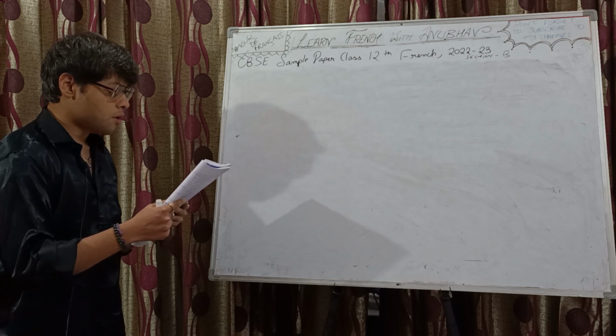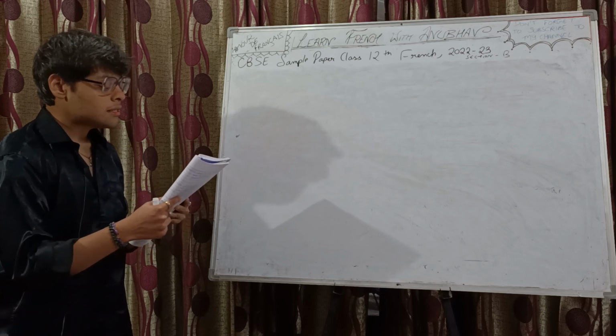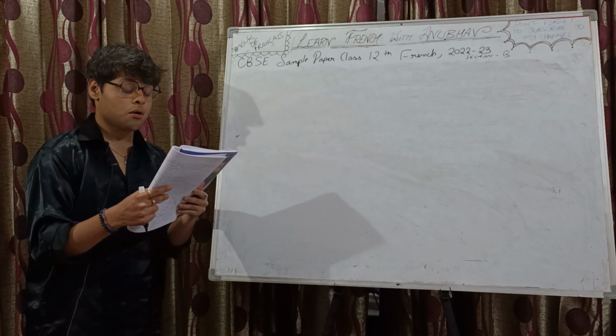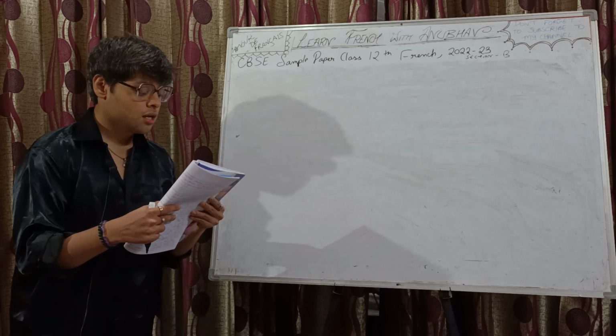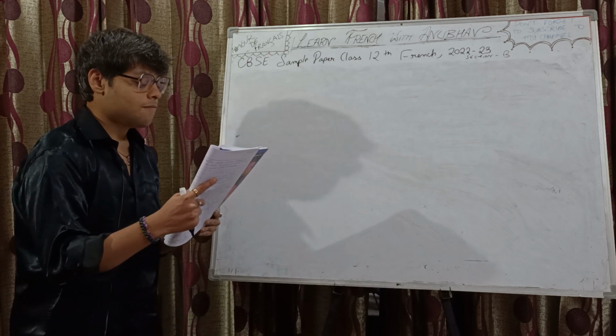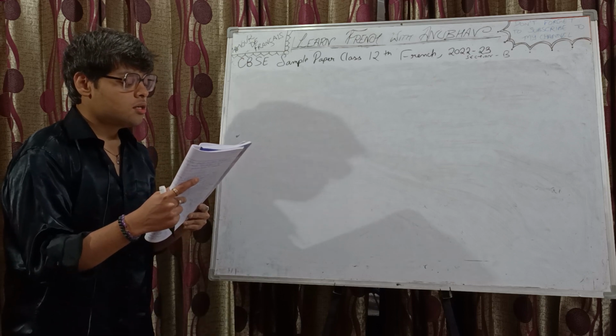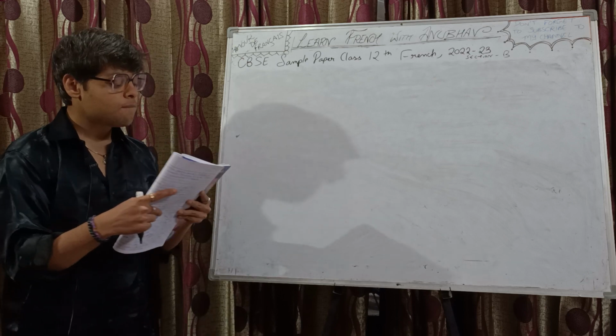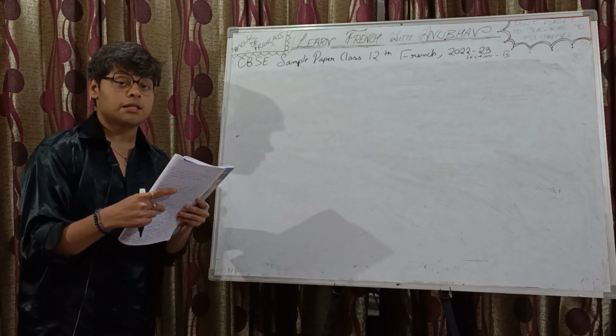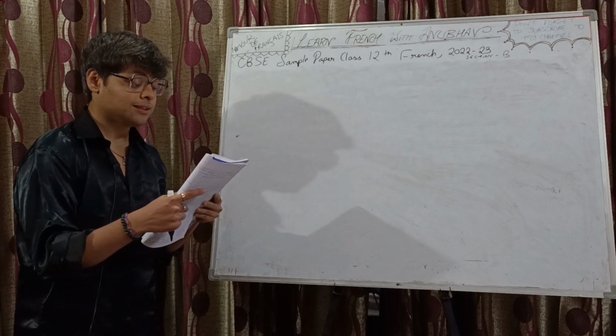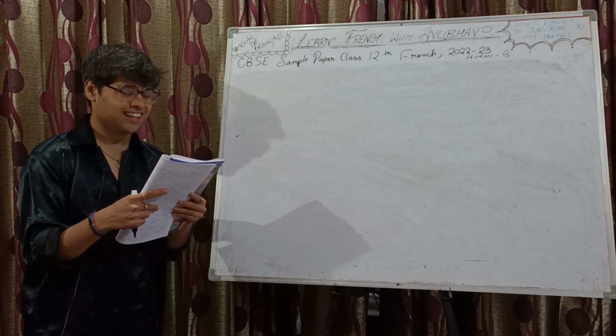So question number 2, B part. Rédigez un texte ou une histoire d'environ 120 mots en utilisant les mots suivants, un au choix. Okay, so you need to write a text or a story.